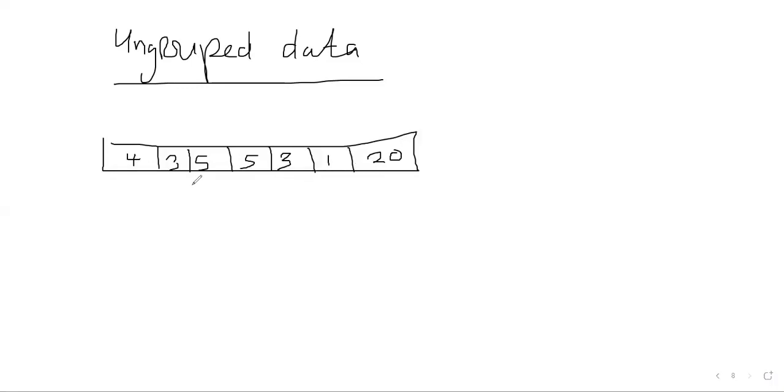So whenever I'm given data which is like this, the first thing you need to do is to rearrange it in order. How do we rearrange the data in order? Starting with the smallest.